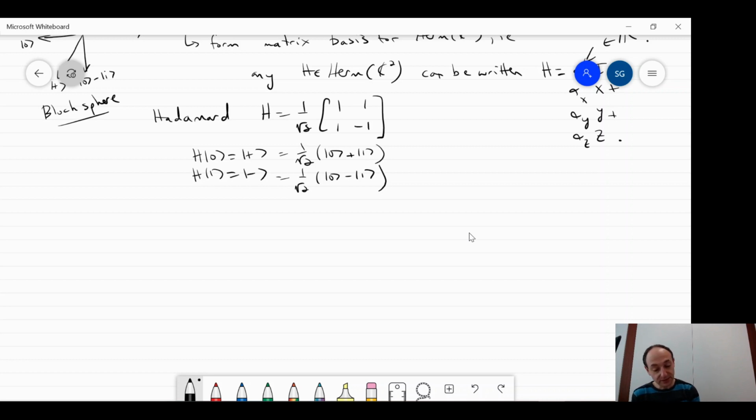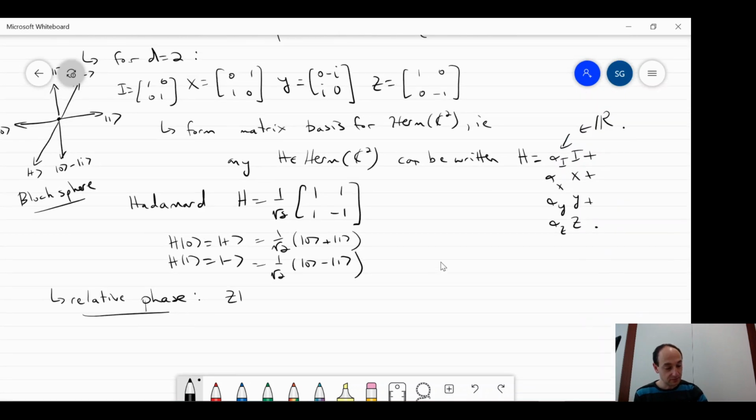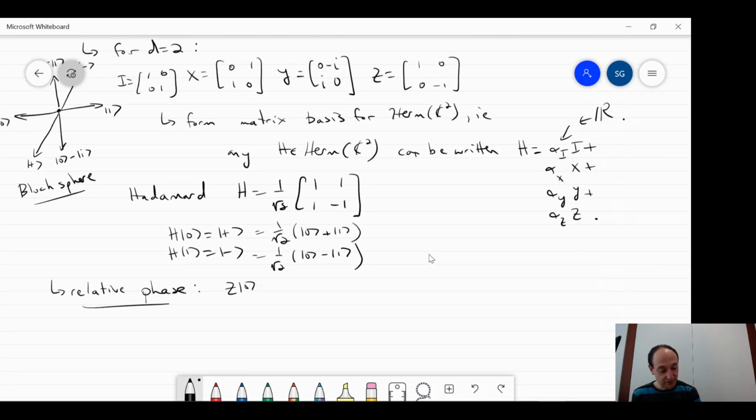Okay, one thing to remind you of, relative phase. If I look at something like the Z operator, what does Z do? Remember that the Z operator maps 0 to itself, and it maps 1 to minus 1. You can just read that off by looking at the matrix.